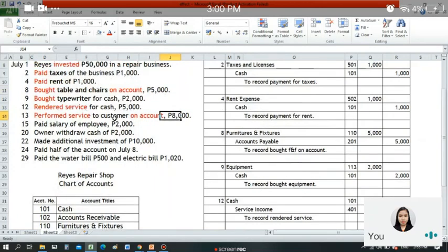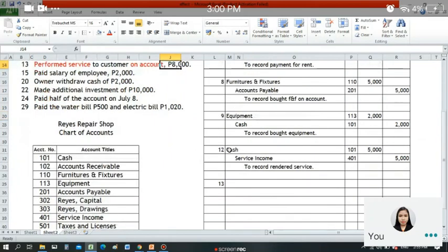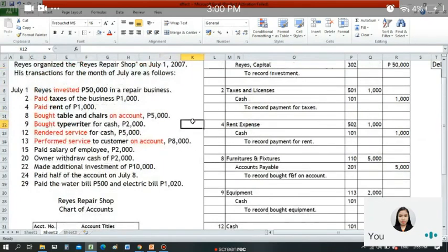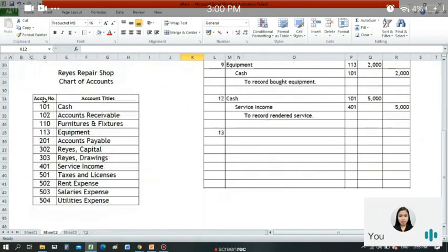So do you receive cash here? Obviously no, none. So what did you have or what did you receive is a collectible, meaning pautang. So that pautang term or account title is accounts receivable. So instead of cash, we debit accounts receivable because we provide the service on account. Hindi payable.